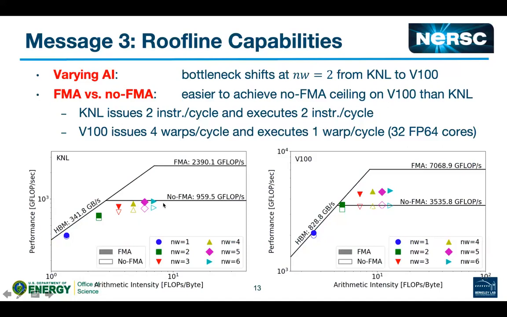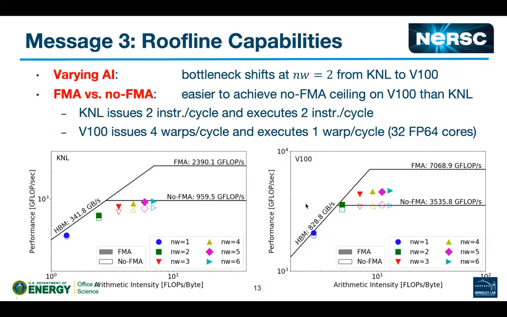But if we look at the converged no FMA performance, the gap between the performance and the ceiling, you can see that the gap on K-now is a bit bigger than on V100. And the reason is the different instruction issue bandwidth and different instruction execution bandwidth.